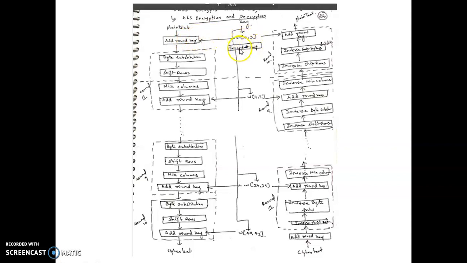After the key is expanded, then for every round the key is generated from this main key. So this one is the next key, then next key, next key. Now there are some arrows missing. Here this arrow is going in this direction. Hope you can understand the structure of AES encryption and decryption.